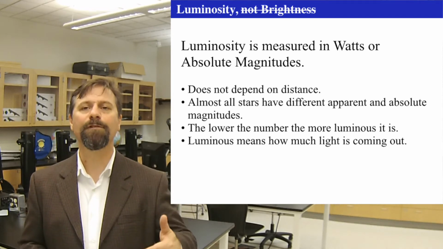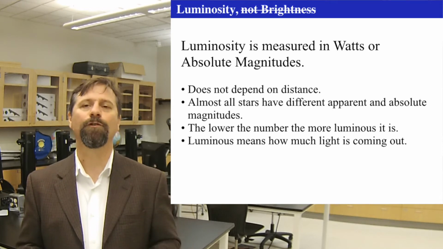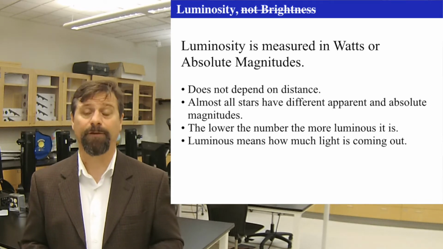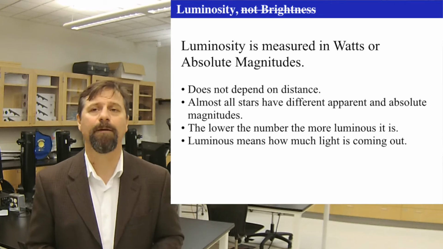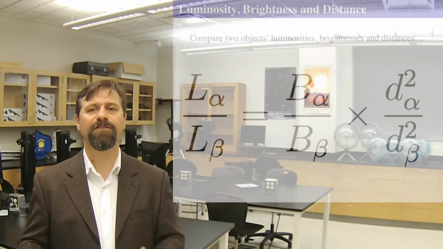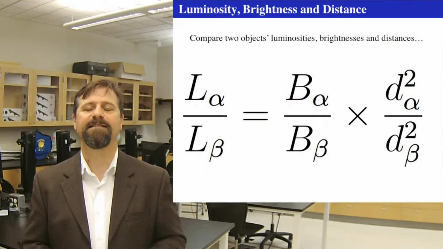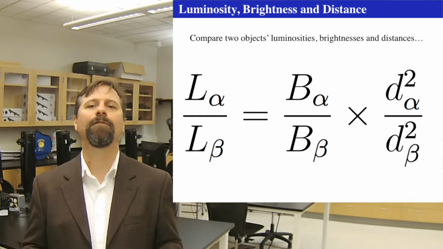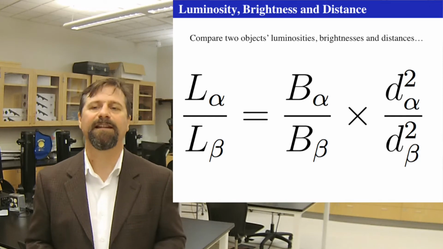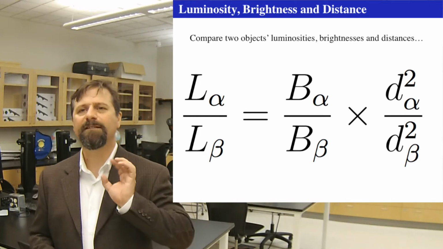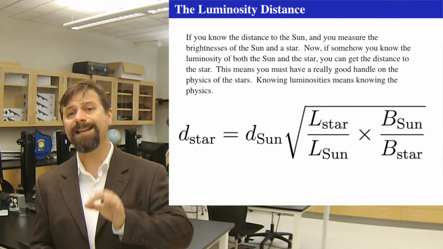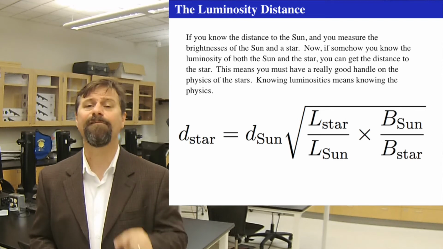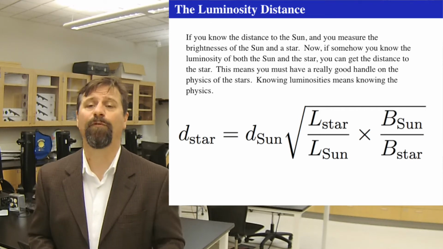And the lower the number, the more luminous it is in magnitudes, right? And luminous just is how much light is coming out. So what we'll tend to do is we'll compare two objects' luminosities, and we see that they're relative to their brightness, and the inverse of their distance is squared, and that'll give us what we're going for. But we can create this concept called the luminosity distance, meaning how far is it based on how bright it is.